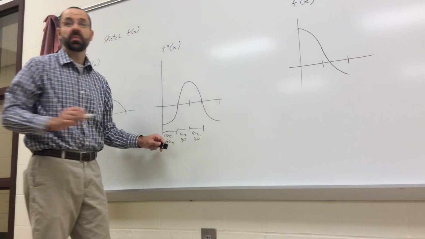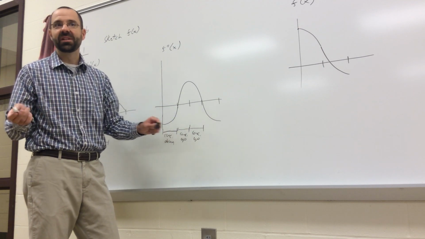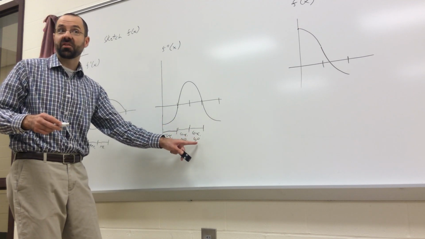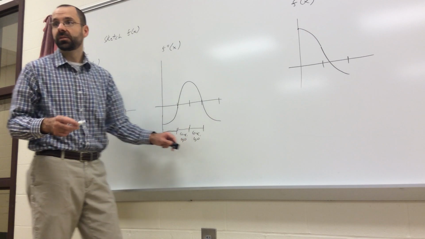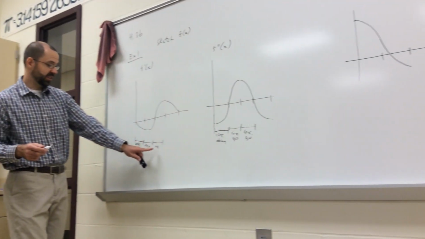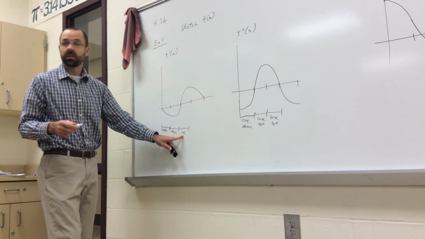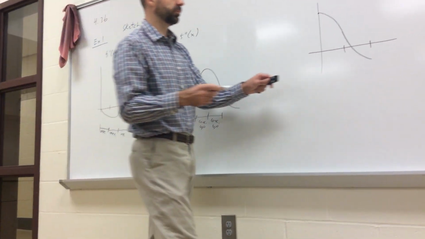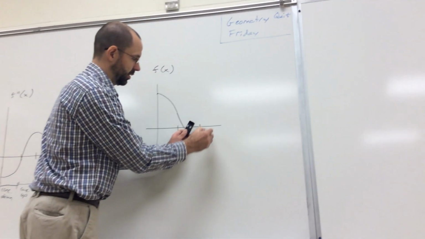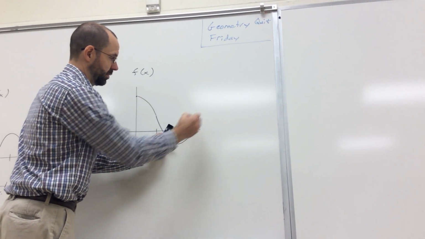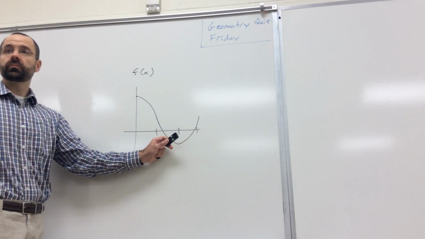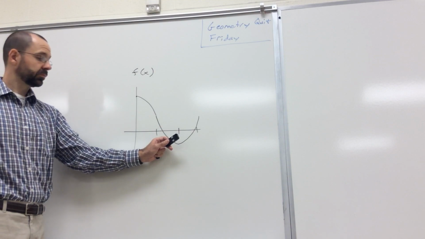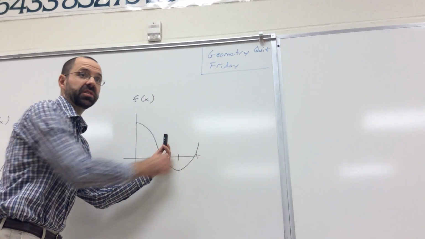I'm saying it, and that's bad. You should always say f, f prime, etc. I mean f is concave up. So now I've got to draw a graph that's increasing and concave up. So that looks like this. That part is increasing and concave up.